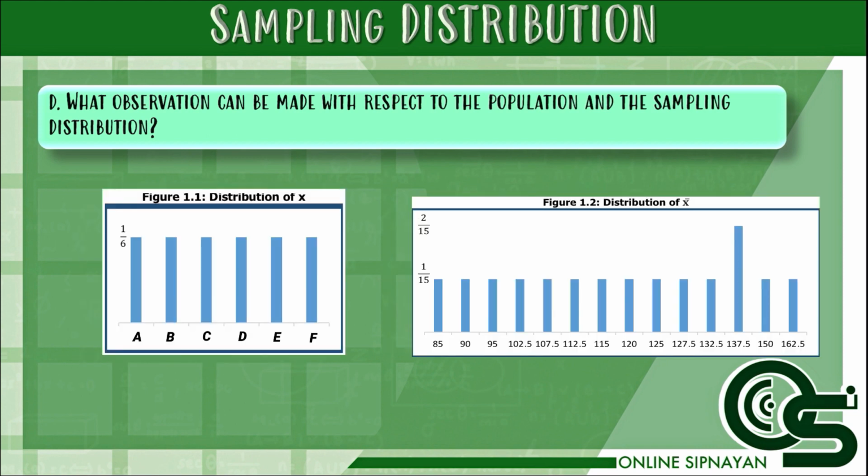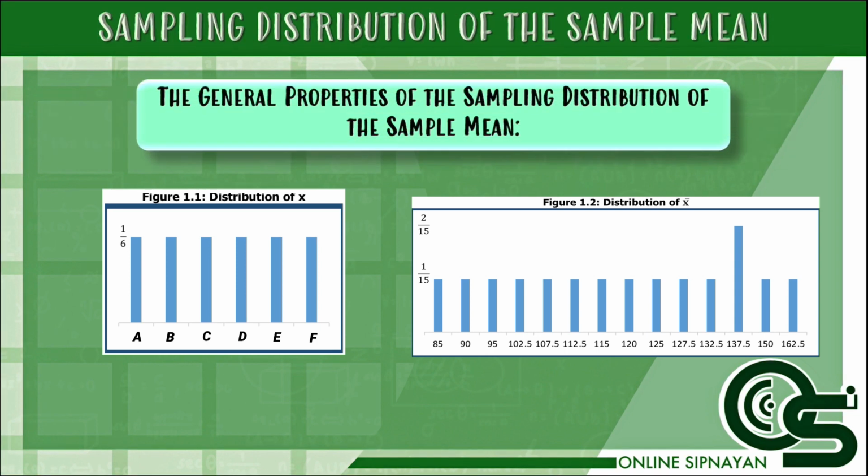As you can see, the probability histogram of the sample means varies from 85 to 162.5, whereas the probability histogram of the population varies from 1 to 6. Lastly, the graph, which represents the distribution of the population and sample means, shows that the shape of the graph changes.